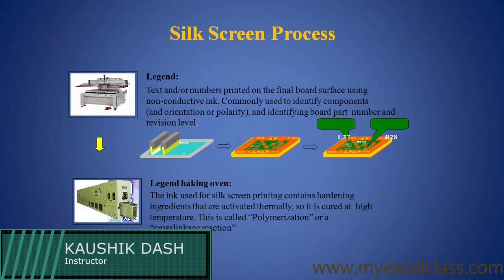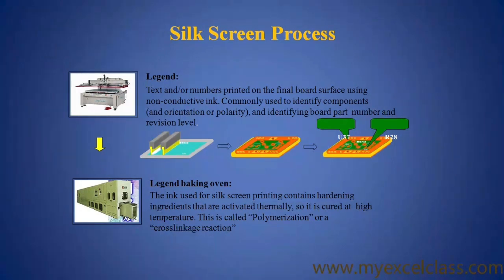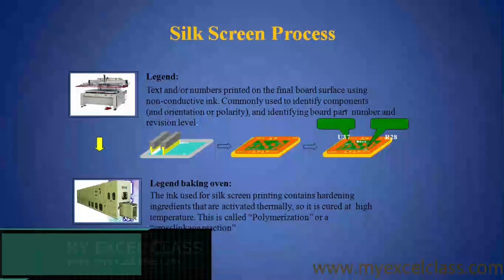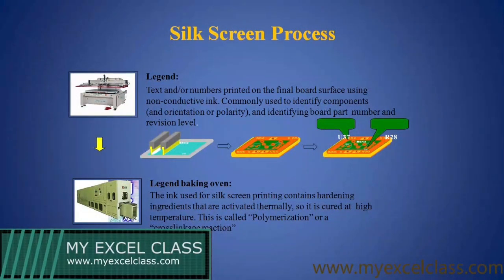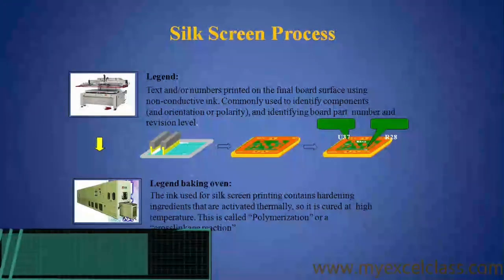So I discussed this legend in my last session. So what is this? In the silk screen process, the legend is the text and numbers on a printed circuit board.